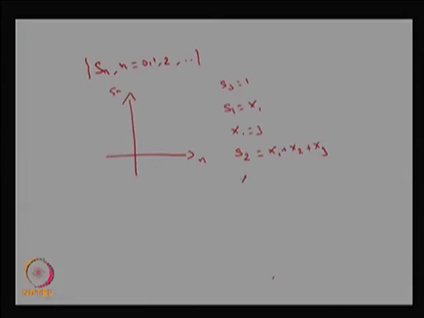Suppose X1 takes the value 3, X2 takes the value 0 and X3 takes the value 1, then S2 takes the value 4. So the sample path of Sn over n takes the value 1, then 3, then 4, and so on. This is a sample path of the population size of tigers over the nth generation, and it forms a discrete time, discrete state stochastic process.